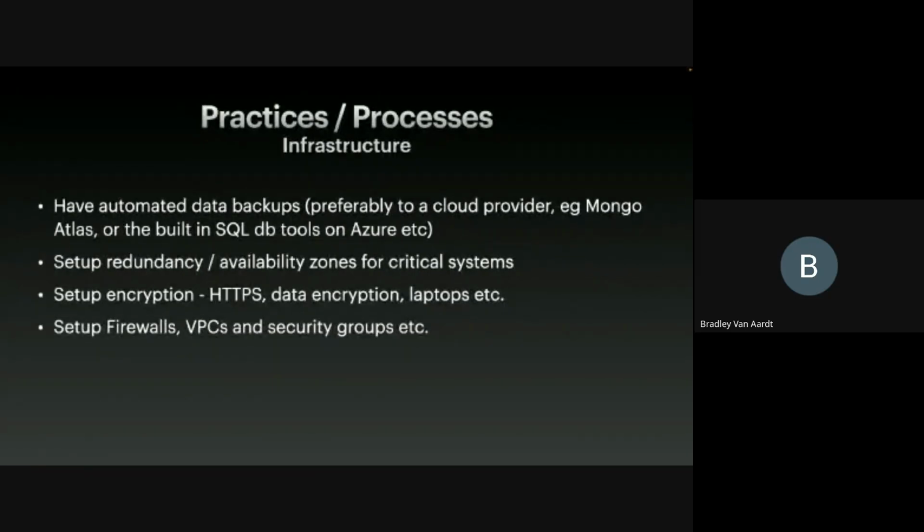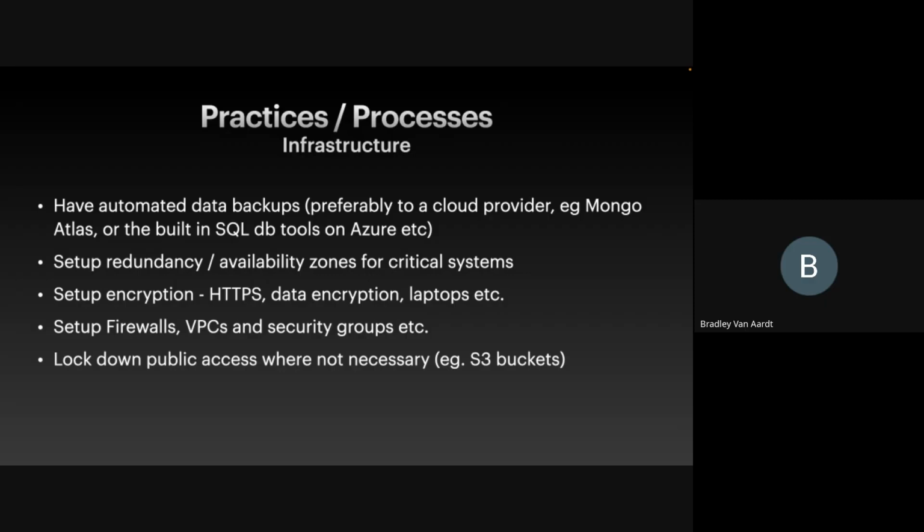Then on your infrastructure, you'll have to set up your firewalls and VPCs and security groups. They're going to check that things are isolated, that your database isn't on the internet, that you've got security groups or firewall rules, as it's called in other places, and that you've got your VPCs going. And you've got to lock down public access where it's not necessary.